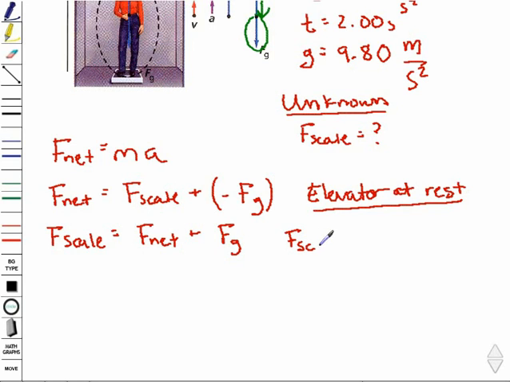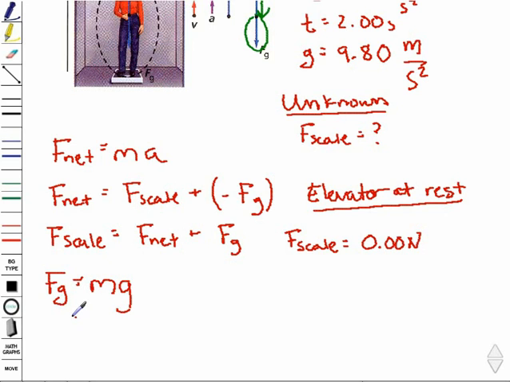The F scale, or the force from the scale, is equal to the net force, but in this case, because the elevator is not accelerating, there is not that net force going in the upward direction, so that net force is going to be 0 newtons. And our force due to gravity, or weight, you will always calculate by taking the object's mass and multiplying that by the acceleration due to gravity.